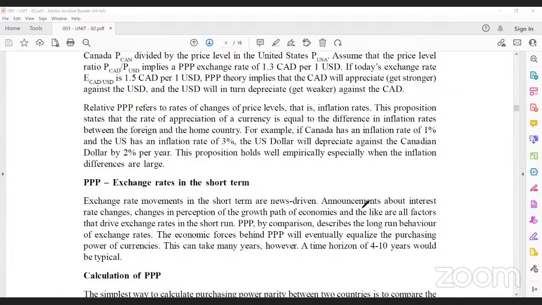Announcements about interest rate changes, the perceived growth path of economies, and the like are all factors which drive exchange rates in the short run. Of course, convergence to PPP can take many years. However, a time span of around 4 to 10 years would be typical. I mean, it is estimated.